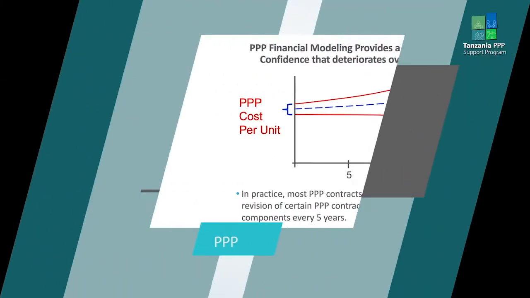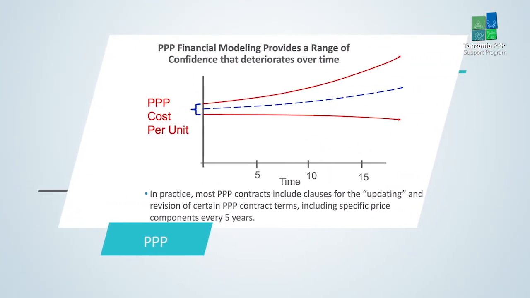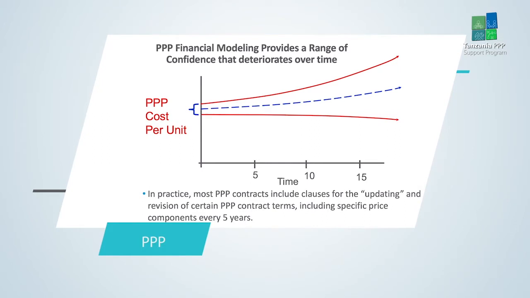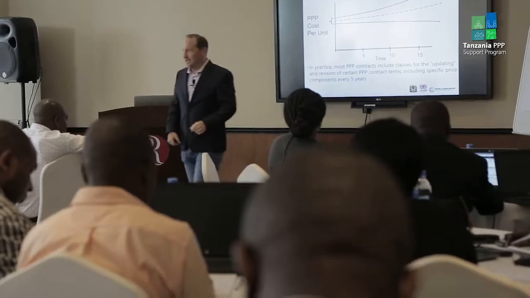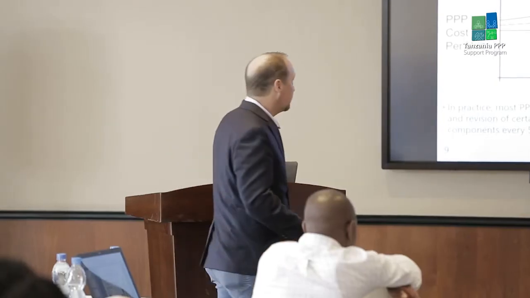We know exactly what it's going to be because we've got that number in our cell. And actually, the best way to think about it is, no, that's the average of a range. And at the beginning of a project, we're oftentimes more confident in what that range is or cost per unit. But over time, as we go forward in time, our ability to predict what that cost is going to be will deteriorate. There'll be more uncertainty as more risk factors take hold over time.